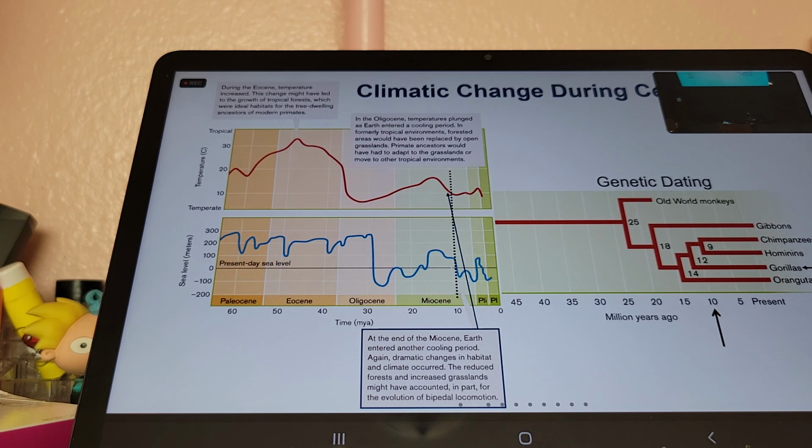However, this change at about 10 million years ago, or the bottoming out, corresponds pretty nicely with the chimpanzee-hominin split at about 9 million years ago. So we're seeing a correlation between major climatic change and genetic dates for the split of ancestral species into descendant groups.